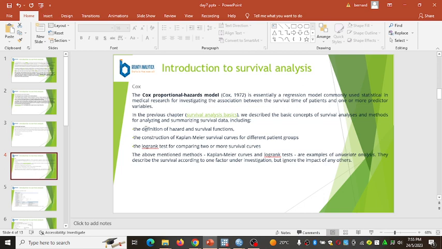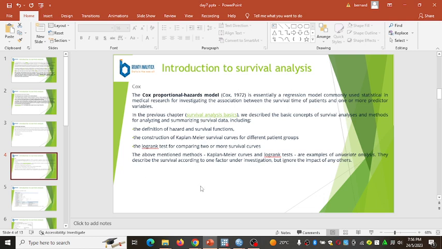Okay, what's the definition of hazard and survival function? I think these ones you will go and research more on them at your own time. The construction of Kaplan-Meier survival curve for different patient groups, you will check how you can do this at your own time. So our main agenda here is to come up with a proportional hazard model.